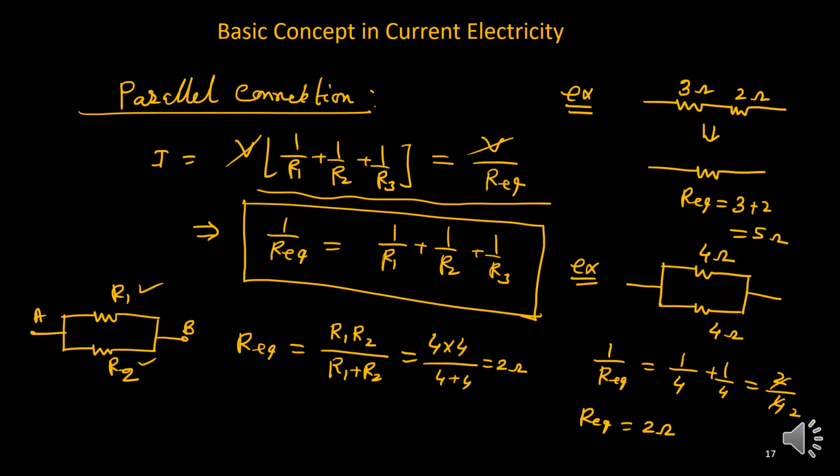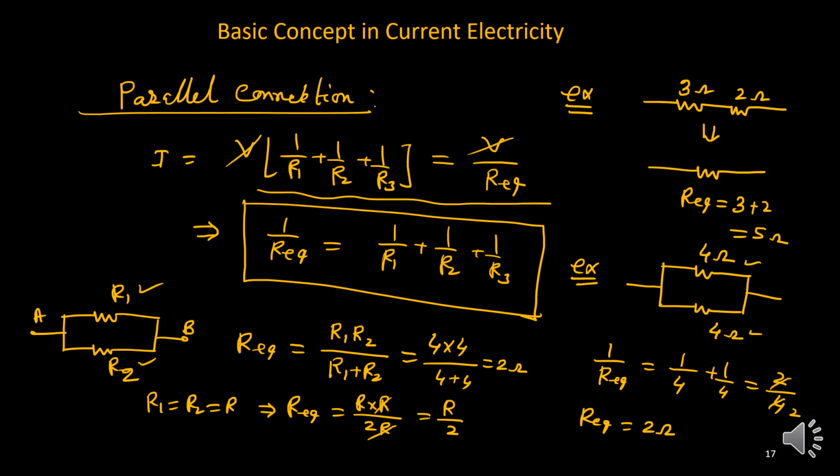Further, if the resistances are the same, R1 equals R2 equals R, suppose. So easily I can show that R equivalent will be R into R upon R plus R, which is 2R. R will cancel out, so you will get R by 2. It's half of that. So if it is 4 and 4, half of that is only 2 ohms.